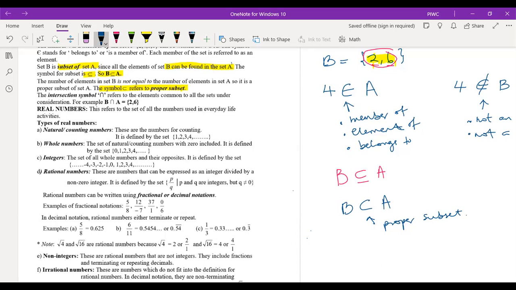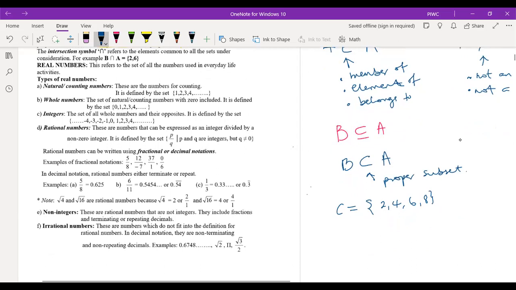For example, if I define another set, let's call it set C, defined by 2, 4, 6, and 8. Now, let's use the subset symbol. I can say that C is a subset of A. Why?